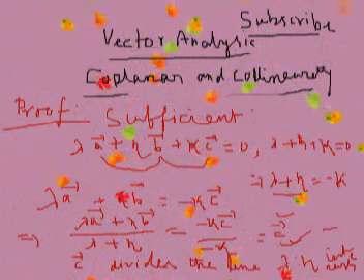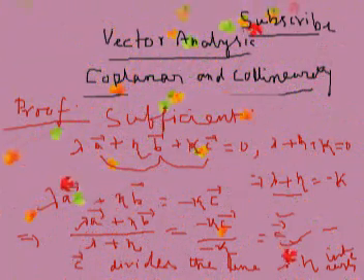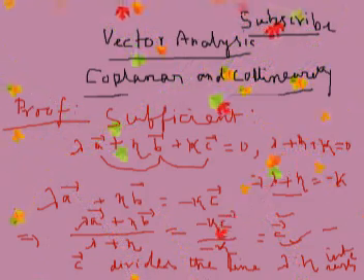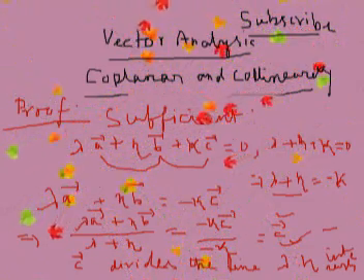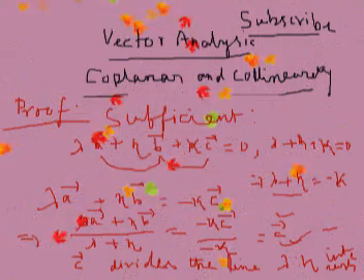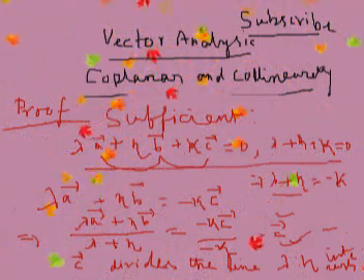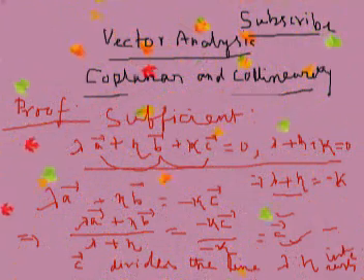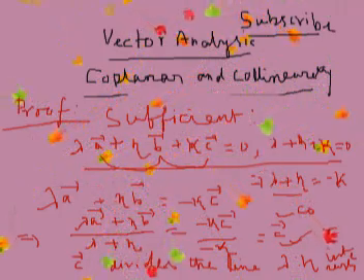So the three points lie on the same line. The three vectors lie on the same line. It means that they are collinear. So these conditions are sufficient to prove that three vectors are collinear. So this is our proof.